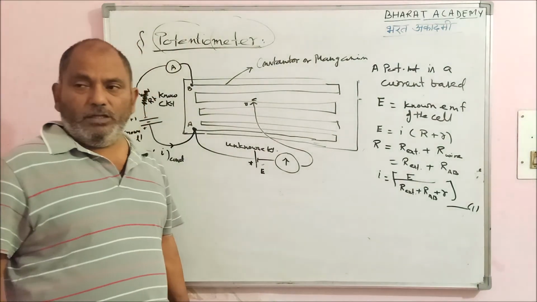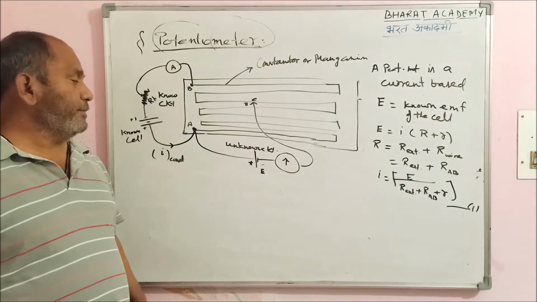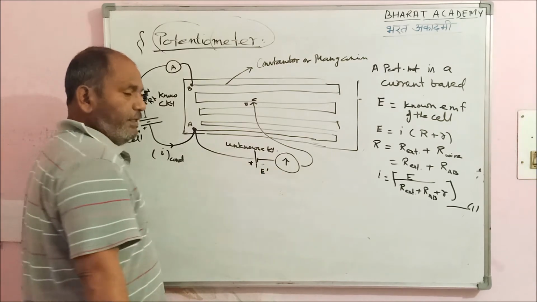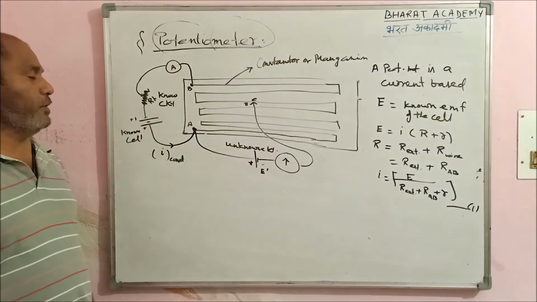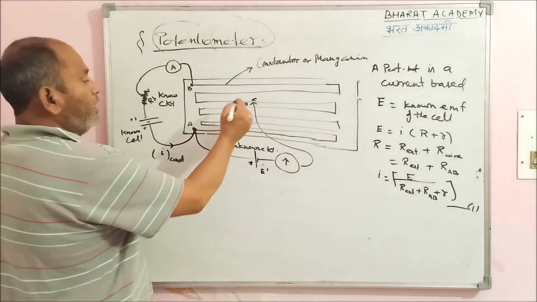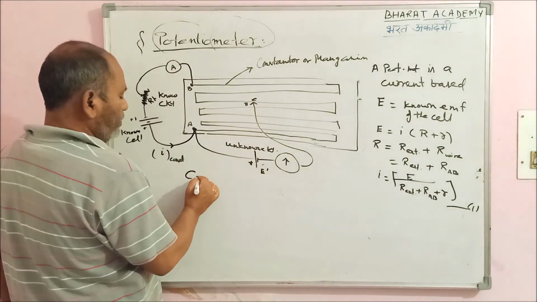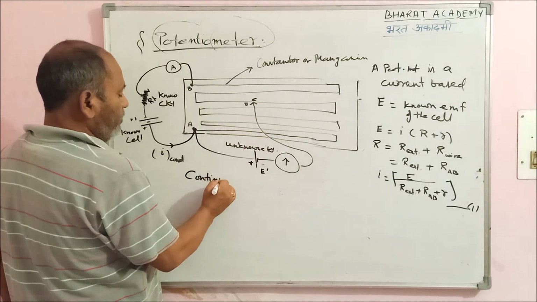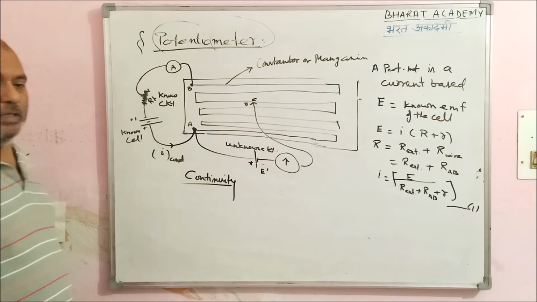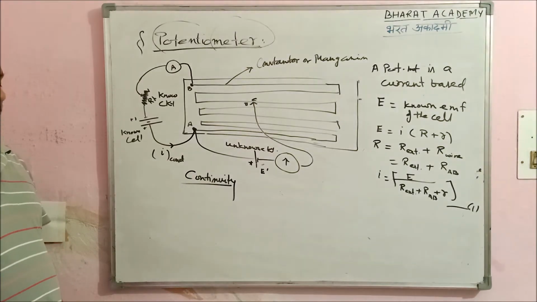Now if I apply this unknown cell E dash opposite to it, what will happen? First of all, with the help of this jockey, we will check the continuity. This is the foremost part of any experiment. How to check the continuity?